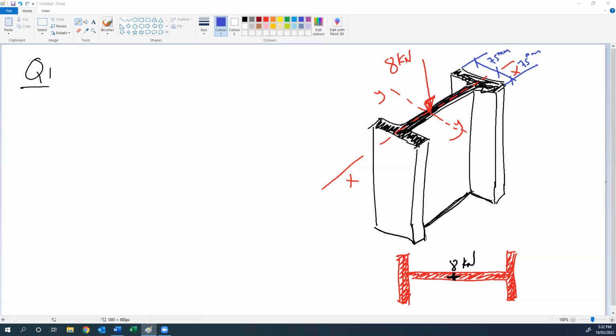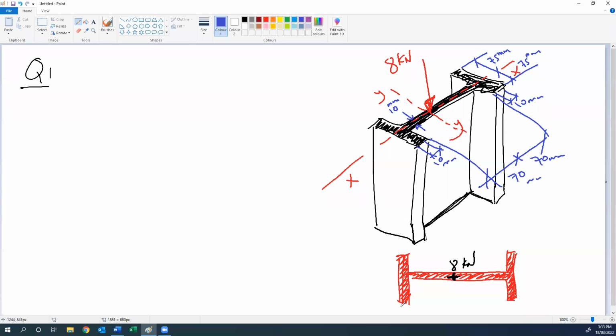And we have the thickness of the web is 10 millimeter. The thickness of the flange as well, 10 millimeter. This flange as well, 10 millimeter. And we have the height of the web is 140, and the load in the middle, so 70 millimeter.